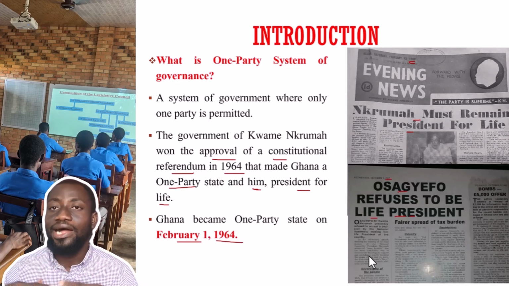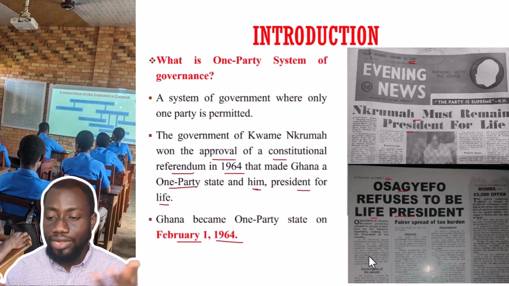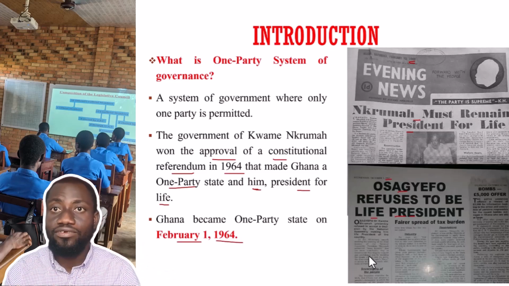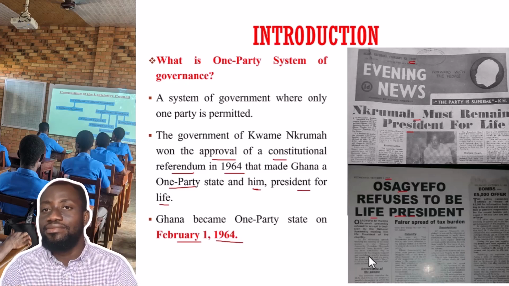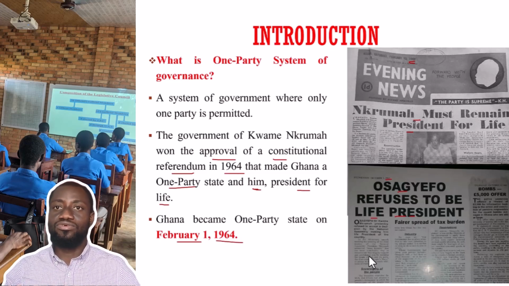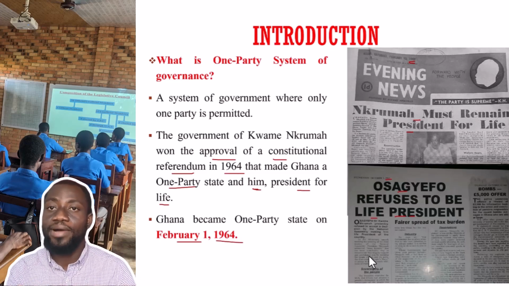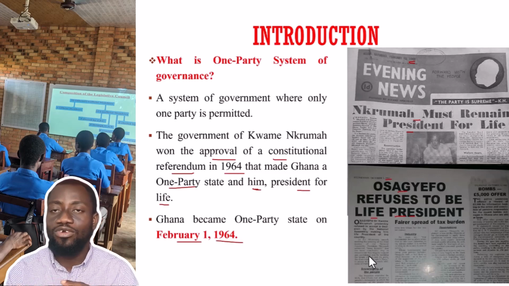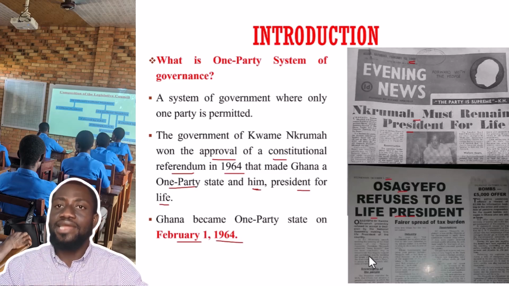So with these assertions being cleared, if you have your opinion, you can share it in the comment section for us. Now that we've known that Nkrumah did not arbitrarily, by decree, introduce the one-party system, let's look at why he then assented to the one-party system bill.